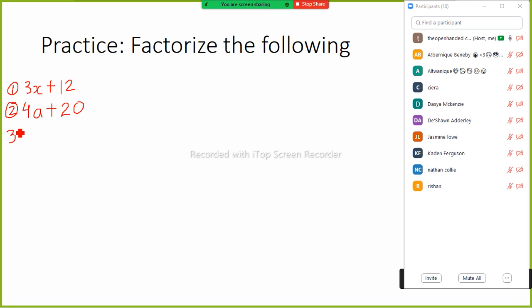Number three, 5p plus 15. Number four, 6m plus 30.